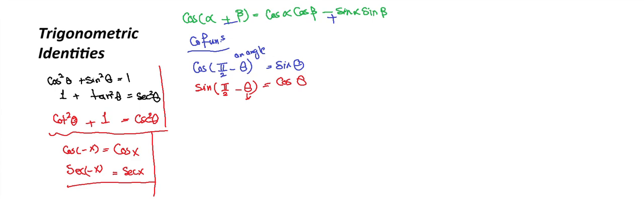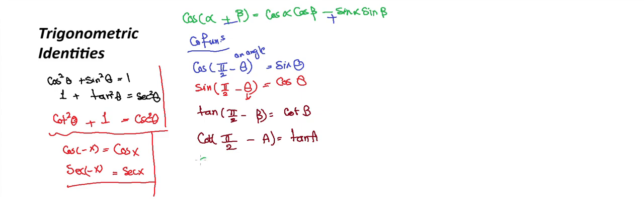For example, tan of pi over 2 minus b is going to be cotan b. Excellent. Cotan of pi over 2 minus a is going to be tan a. Whatever the name of the angle, it goes directly there.